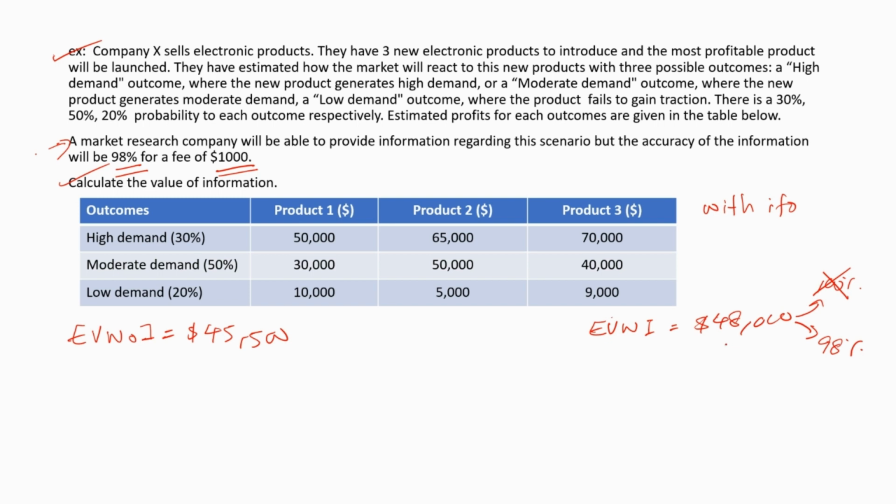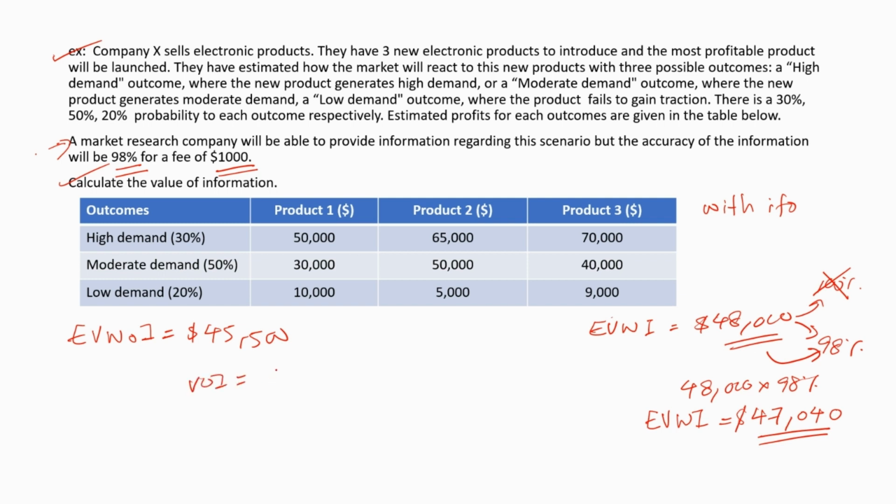So we have to adjust this 48,000 for 98% in order to calculate the value of information. Simply we can multiply 48,000 by 98%. So this is equal to $47,040. This is the expected value with information after adjusting for the accuracy. So this is the value we are going to use to calculate the value of information.